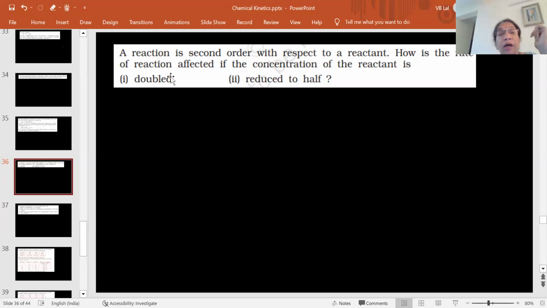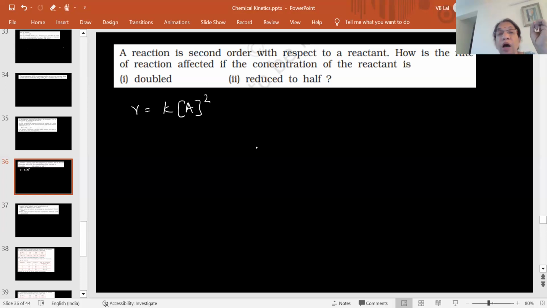Okay. Now, a reaction is second order with respect to a reactant. How is the rate of reaction affected if the concentration of reactant is doubled and reduced to half? If the reactant is say A, what is the rate law? Rate law is R = K [A] raised to 2, second order.